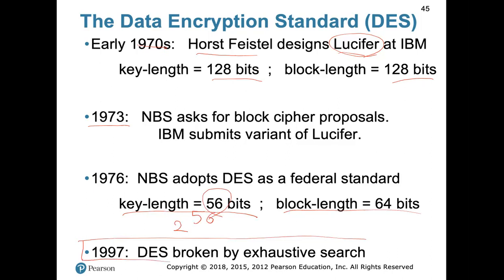But in 1997, people could break DES using exhaustive search, or a brute force attack. So it means that 2 to the power of 56 is no longer enough. It has not been long enough since 1997, which is something about 24 years ago.